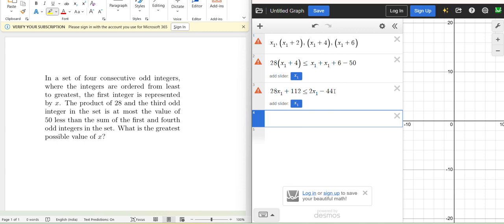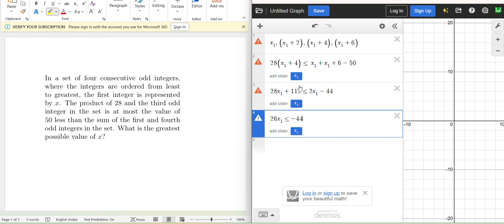Then we'll bring the x terms to one side and the numbers to the other side. So 28x1 minus 2x1 will be 26x1, at most minus 44 minus 112.